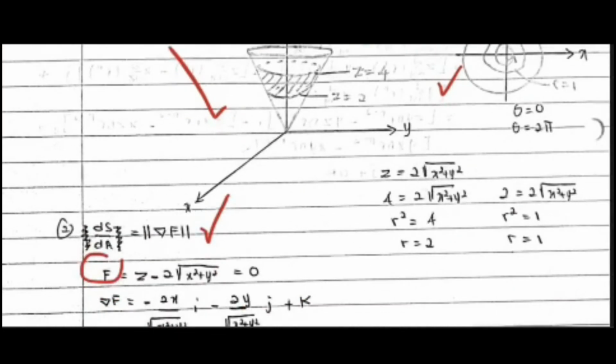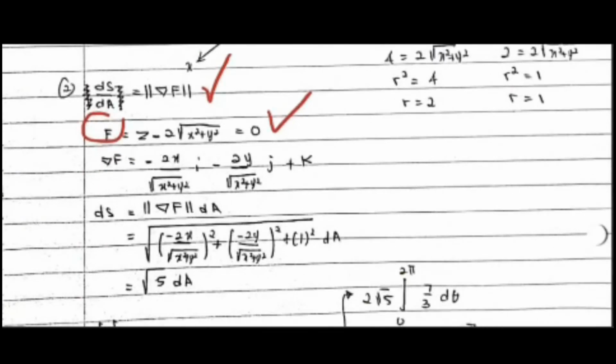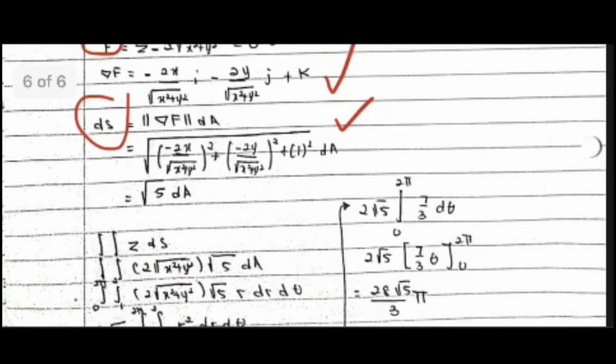So we will get f is equal to z minus 2 square root of x squared plus y squared equal to 0. So from f we can find the divergence of f and the magnitude of divergence of f. ds is equal to the magnitude of divergence of f dA, and we will get ds equal to square root of 5 dA.